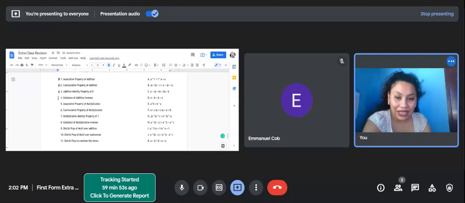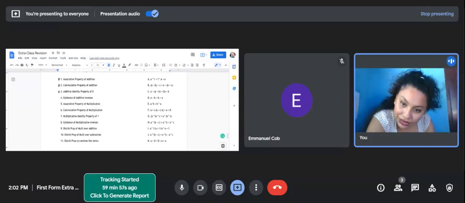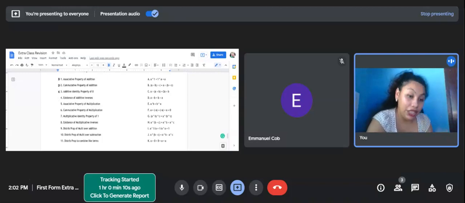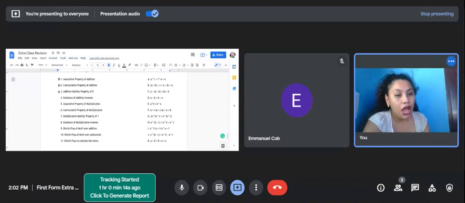Number 4, the existence of additive inverses. That is a big word to mean the inverse of addition of a number under addition.